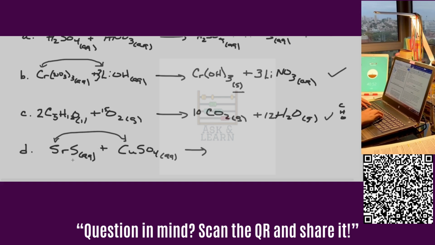So the Cu is going to come over with the S, and the strontium is going to go over with the sulfate.